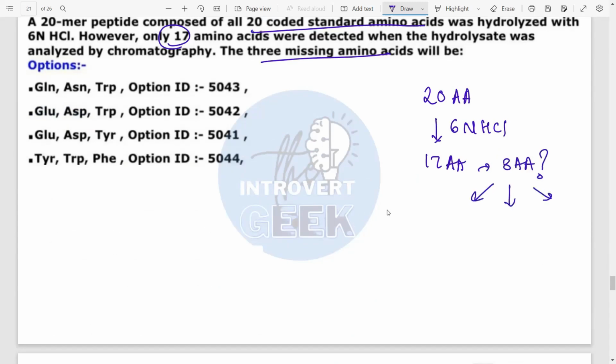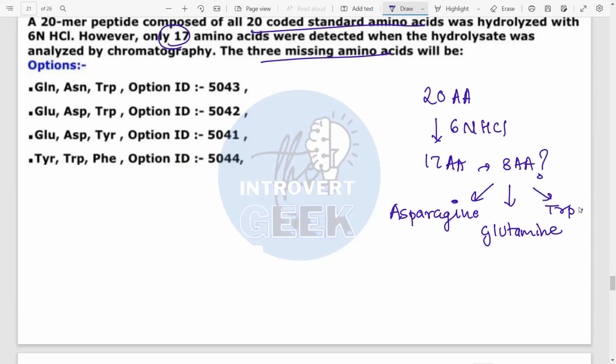The 3 amino acids are actually asparagine, glutamine, and tryptophan. Now, why these amino acids specifically?